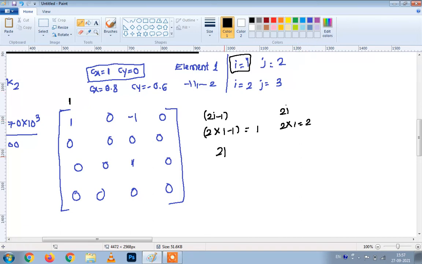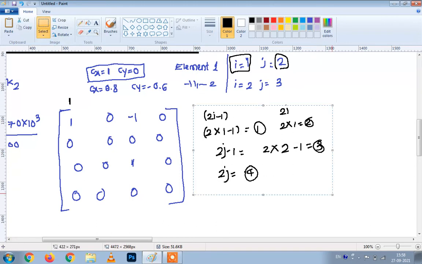Then 2j minus 1: 2 into 2 minus 1 becomes 3. And 2j: 2 into 2 is 4. So 1, 2, 3, 4 are the degrees of freedom for this.